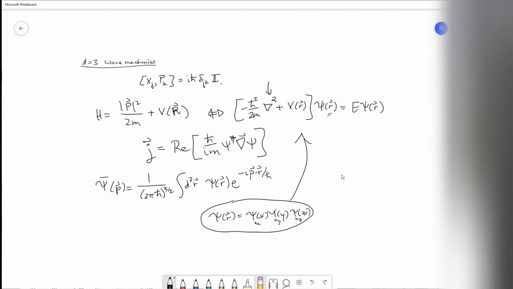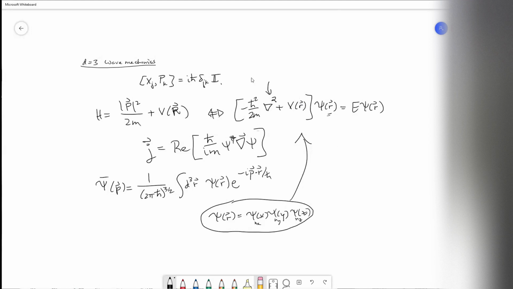Which example are you talking about? Oh, not in particular. I was just asking about this 3D case, when the total energy is the sum of the energy in all directions. Well, it's hard to say whether it is or isn't. It depends on the potential and the particular problem of interest, right?